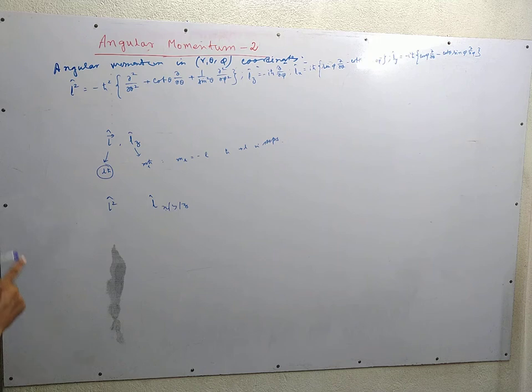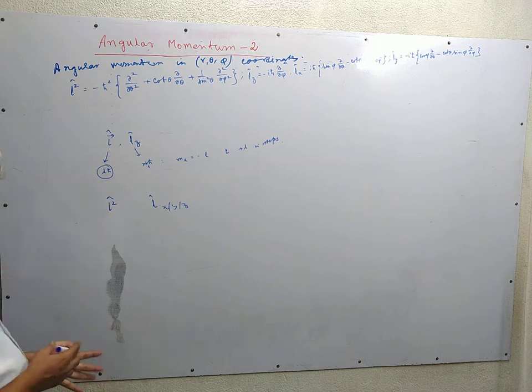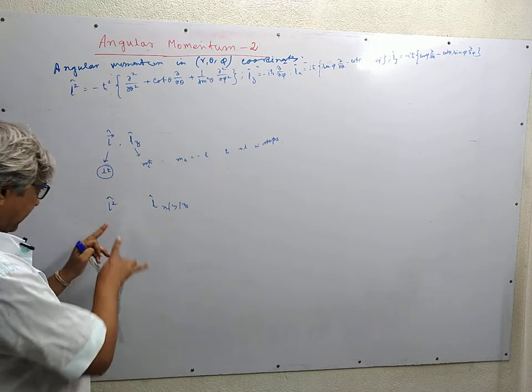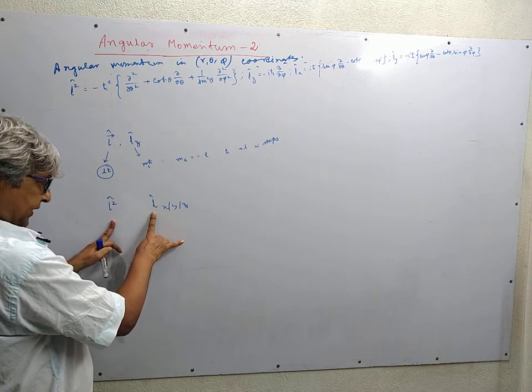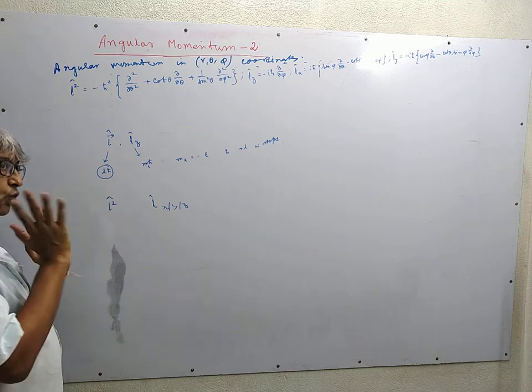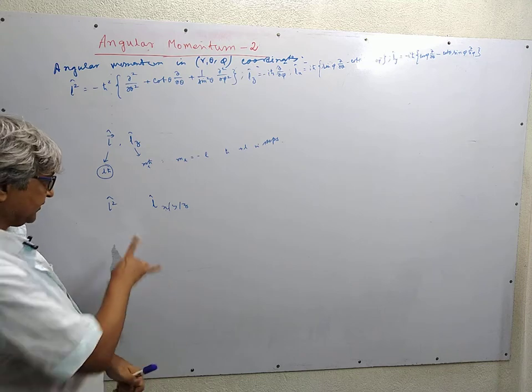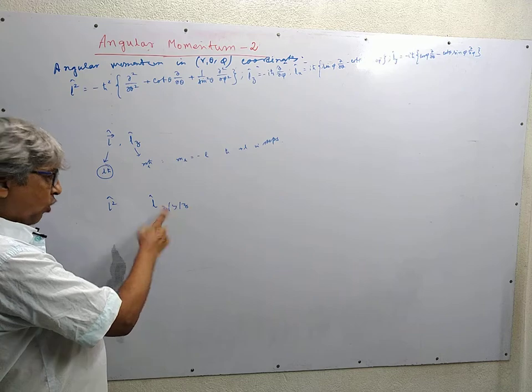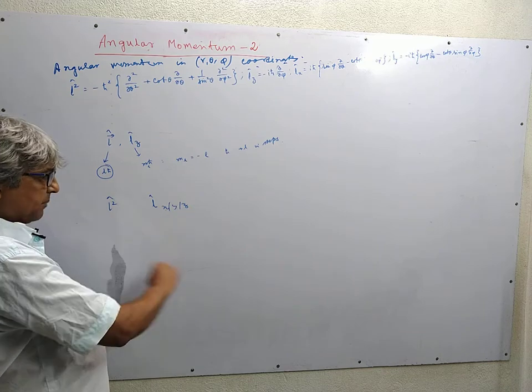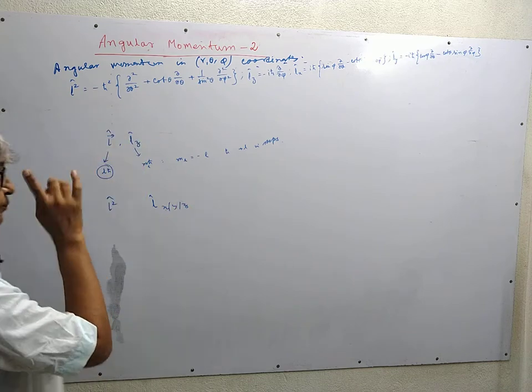Keeping this in mind, we plan to find the simultaneous eigenfunction of L square and Lz. But this eigenfunction will not be an eigenfunction of Lx or Ly, as Lx and Ly, although they commute with L square, do not commute with Lz.